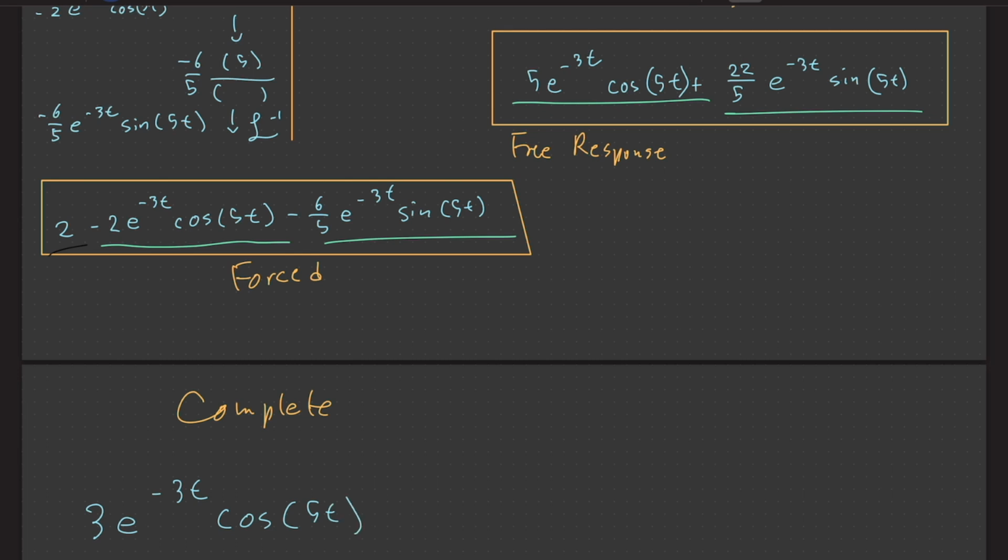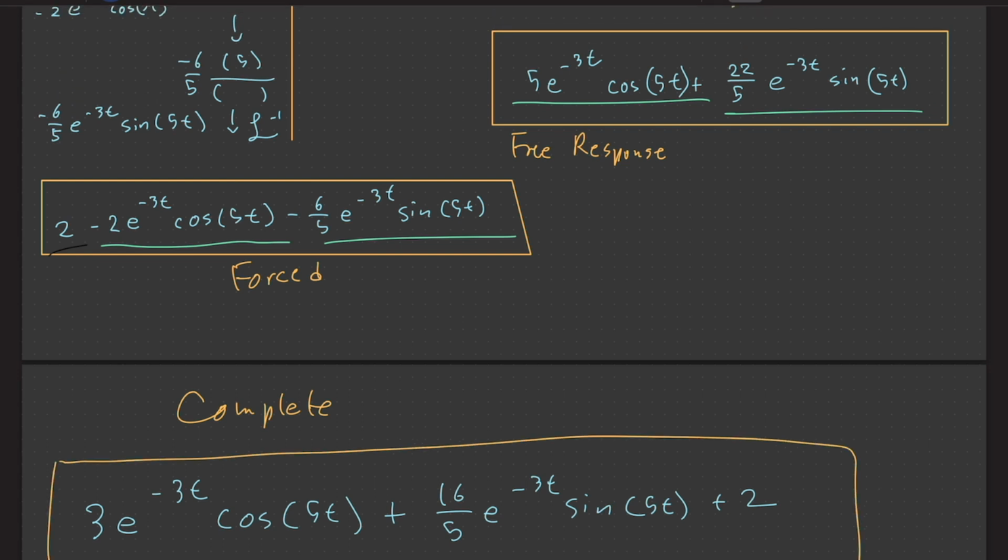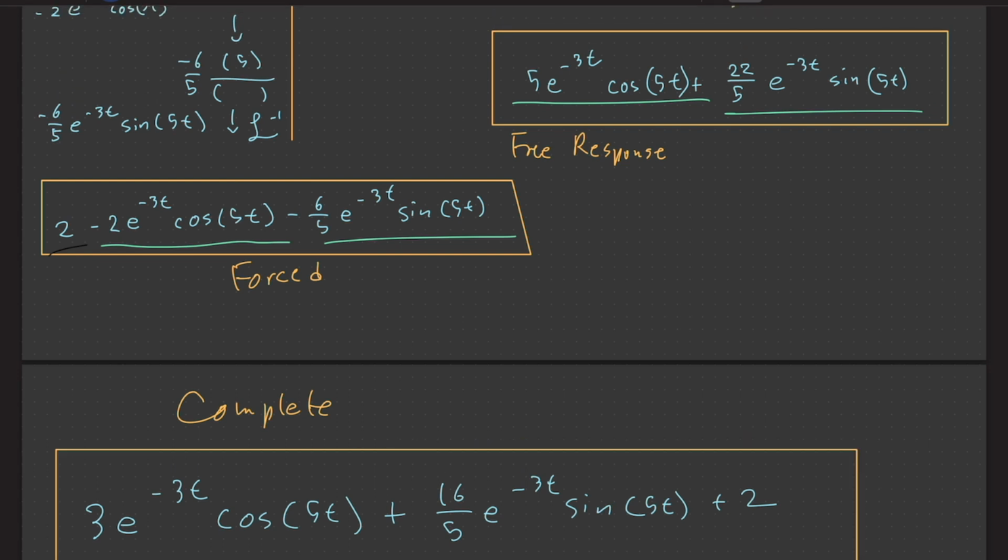And 22 over 5 minus 6 over 5 should be 16, so plus 16 over 5 e to the negative 3t sine of 5t. And then plus 2. Okay, that is our complete response.